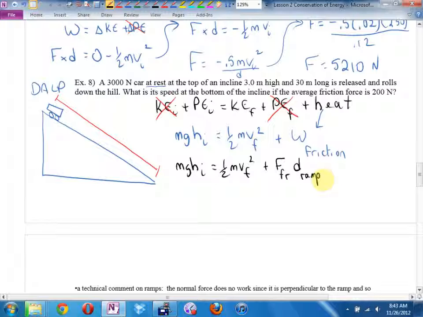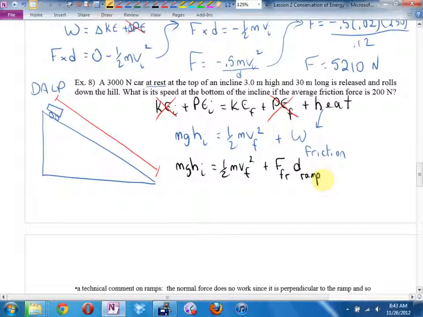Do the masses cancel? No. What are we trying to find? I think v final. Well, I'd minus force of friction times the distance on the ramp over.